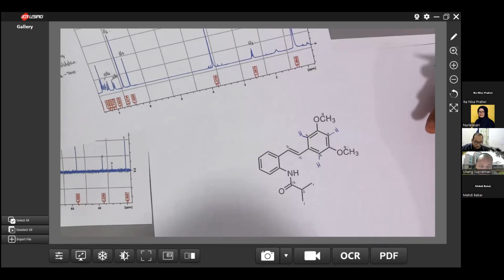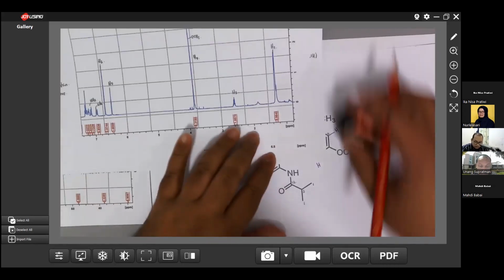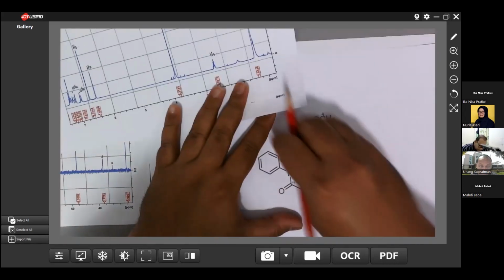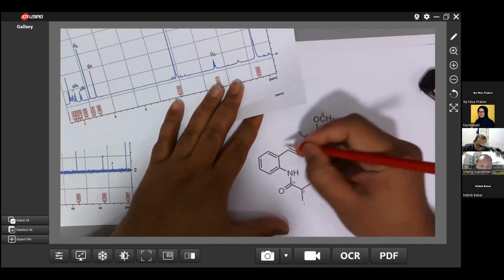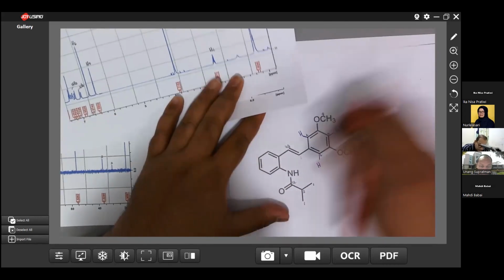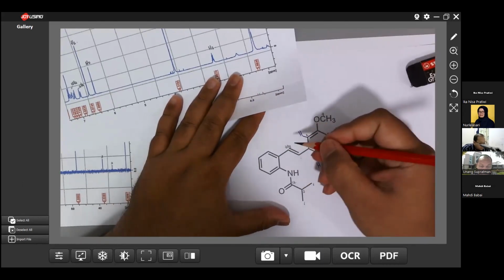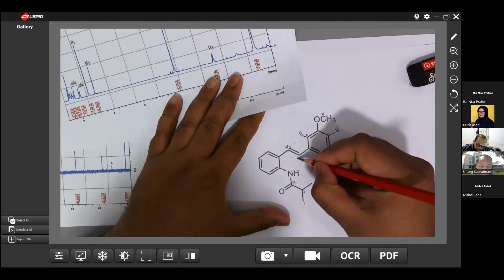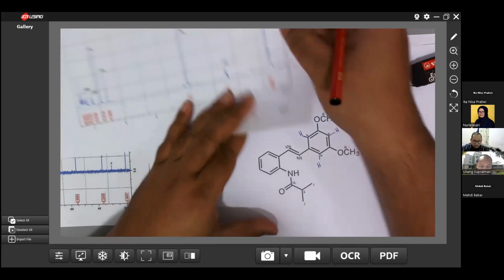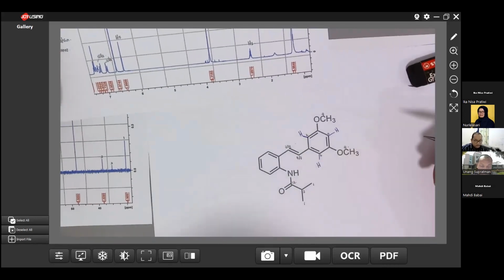Okay, we have done that. Now we want to determine whether we put 7, 13 or 13, 7. This one we can determine based on the HMBC correlations.